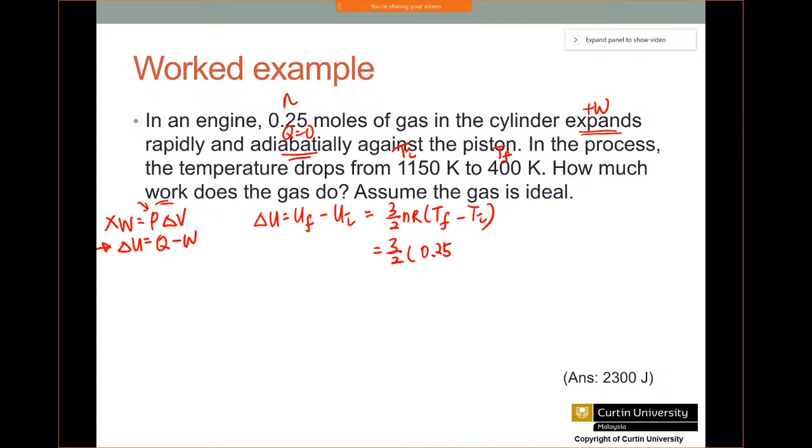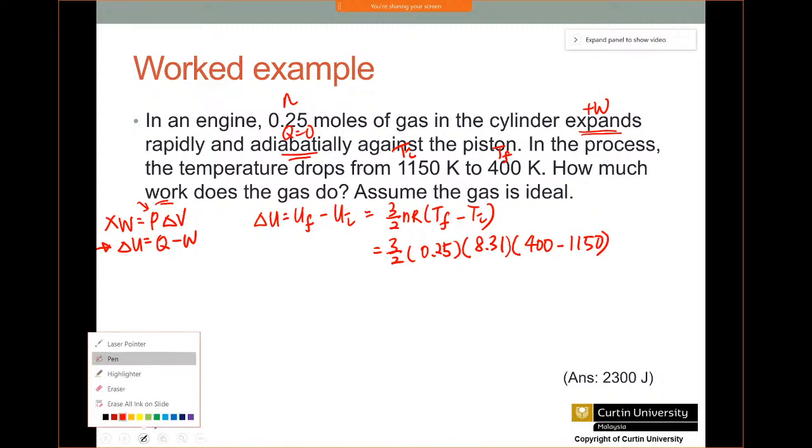Number of moles 0.25, R gas constant 8.31, final, which is 400 minus 1150. So again, I know it is somehow a bit contradictory with our logic when we need to minus something with a bigger number, especially when 400 needs to be minus with 1150. It's against our logic, yeah. However, for physics, it always follows the sequence.